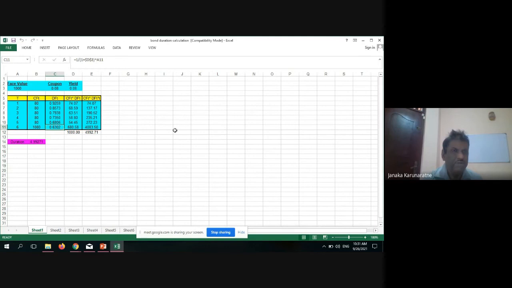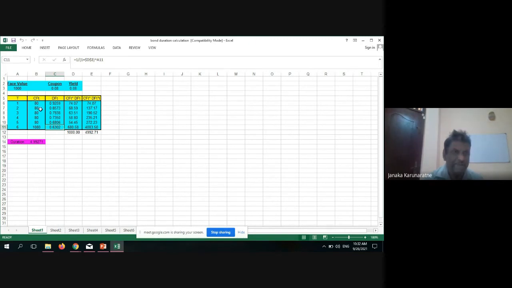So that is the discount factor. The top part is the cash flow multiplied by the DF, multiplied by the time. So 80 multiplied by 0.958 into time, that is this much.